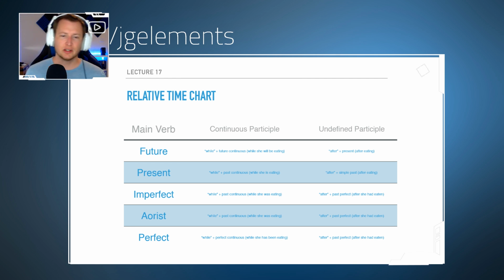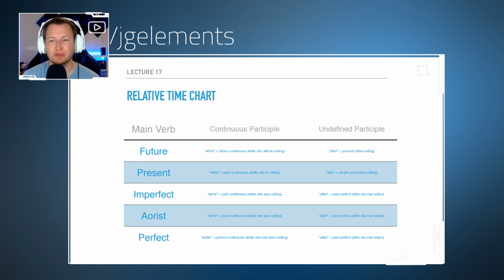The imperfect will use while plus past continuous. While she was eating. Aorist will do the same. Wait, is that right? Yeah. Aorist will do the same. While she was eating. And perfect will have the perfect continuous. So while she has been eating. Okay?